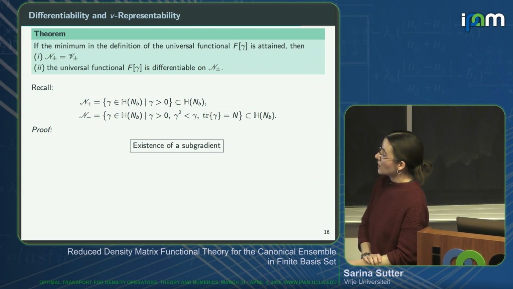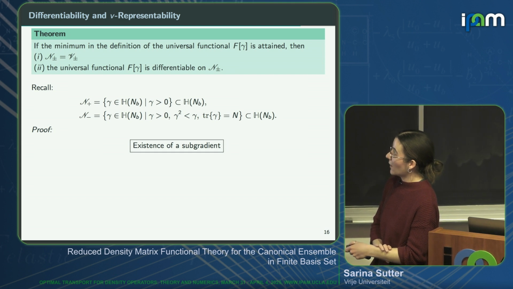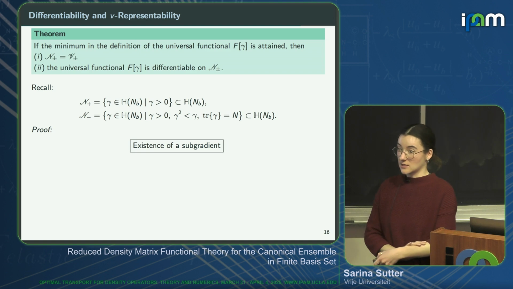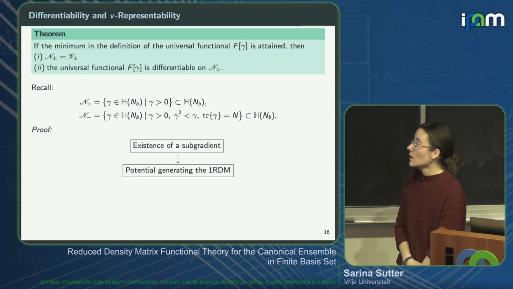So first, we know that our functional is finite for elements in these sets, and these sets are open in our affine space. So we know we are in the interior of the domain of F, so we know that the subgradient exists.